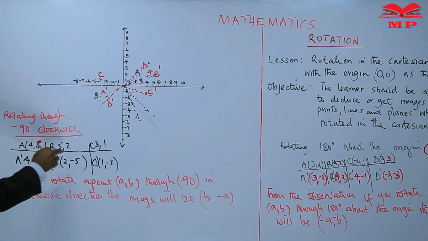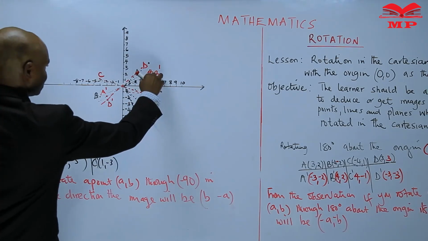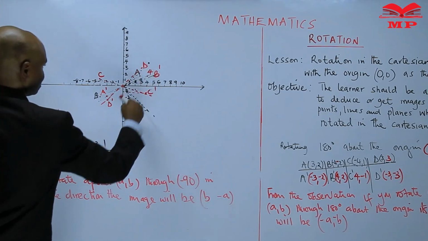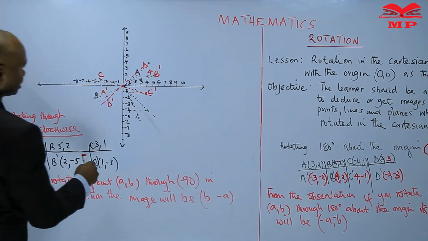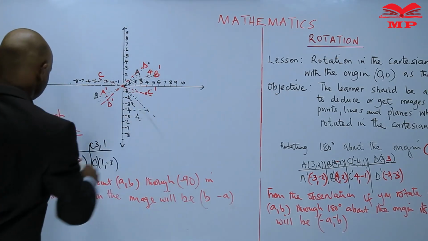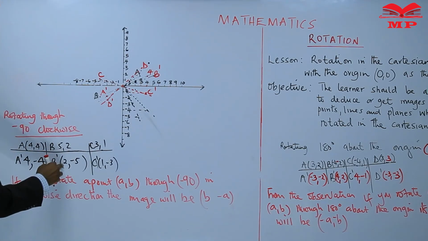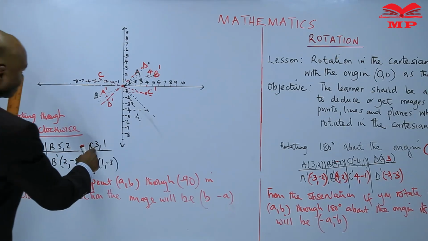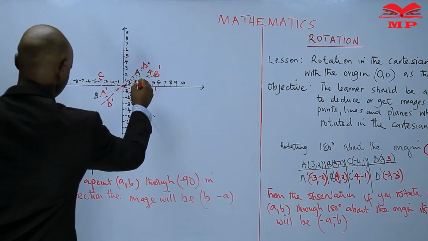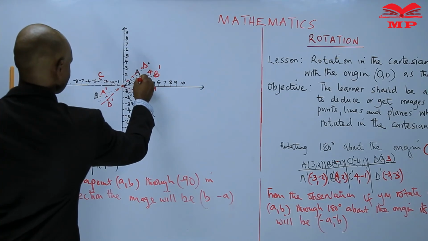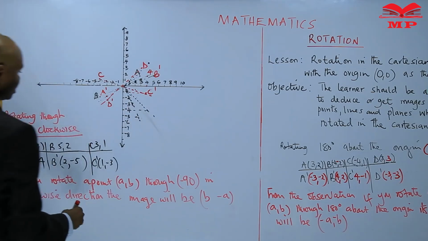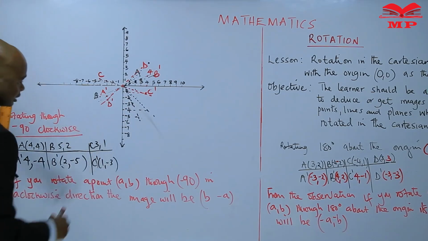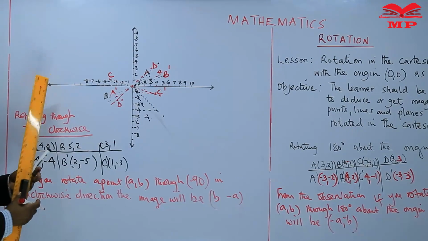When we had 5, 2, it came to 2, -5, which means B comes here and A changes the sign. We come to 3, 1. Finally it becomes 1, -3. So 1 comes here and the other one changes the sign.